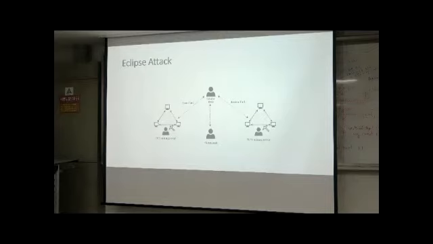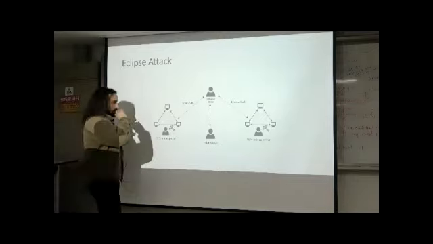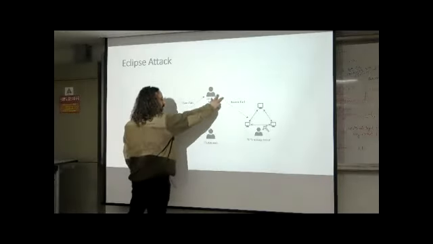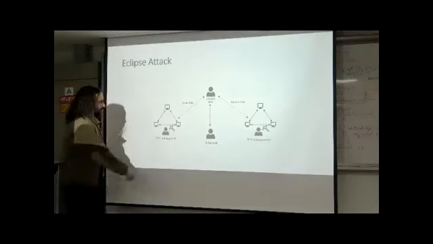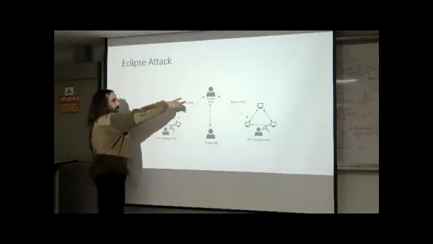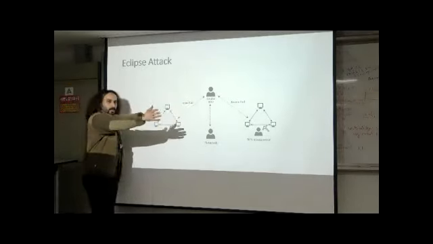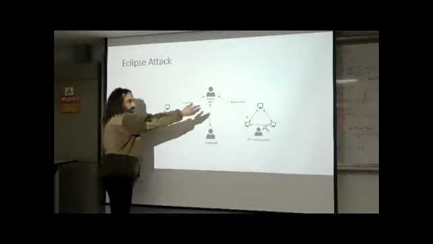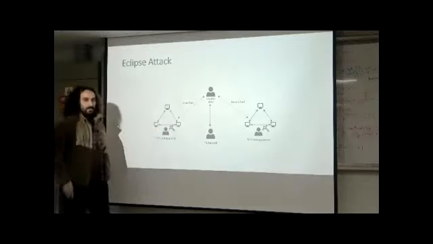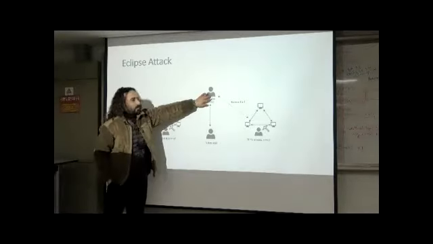So this is the one. You mean the attacker node isolates the victim node and then gives wrong information? Yeah. So the information will come through the attacker node. The funds will come here, and the attacker will say there is no balance. For example, they will take the refund from inside the victim node. So everything will be controlled from here.